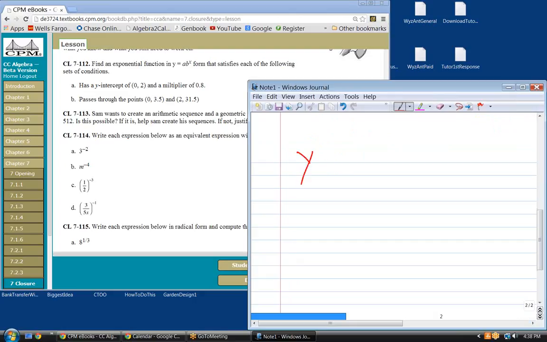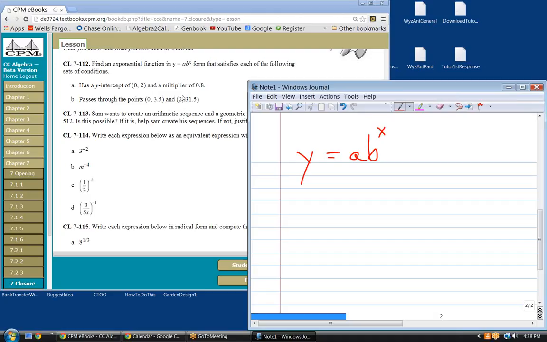So again, we have y equals a b to the x, and it goes through 2 points. Well, as long as one of those points is x equals 0, that's going to allow us to solve for a. Once we solve for a, this point will allow us to solve for b. And then we will have a specific equation.